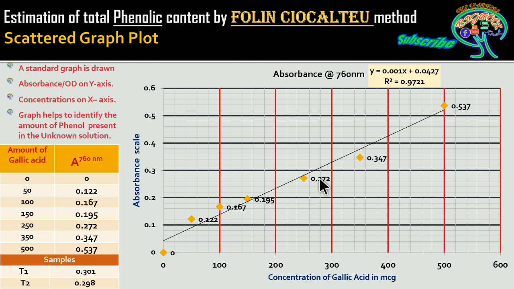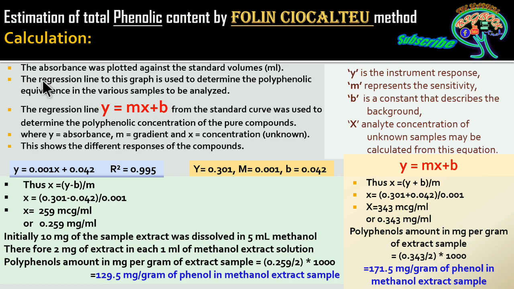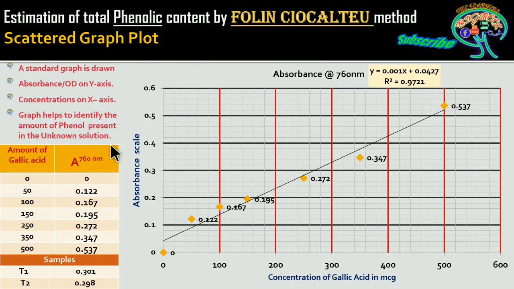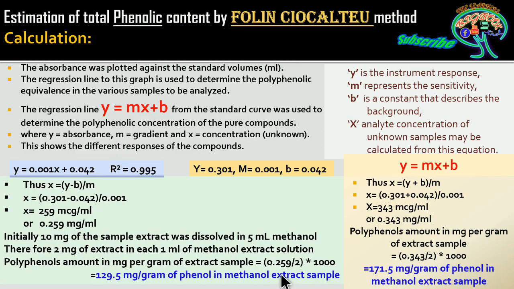Now further, in the next slide, the absorbance was plotted against the standard volumes. The standard volumes are in the form of the concentration of the gallic acid. Now the regression line to this graph is used to determine the polyphenols equivalence in the various samples to be analyzed.